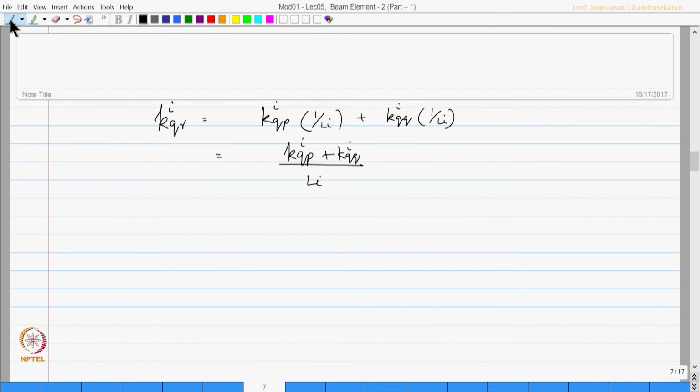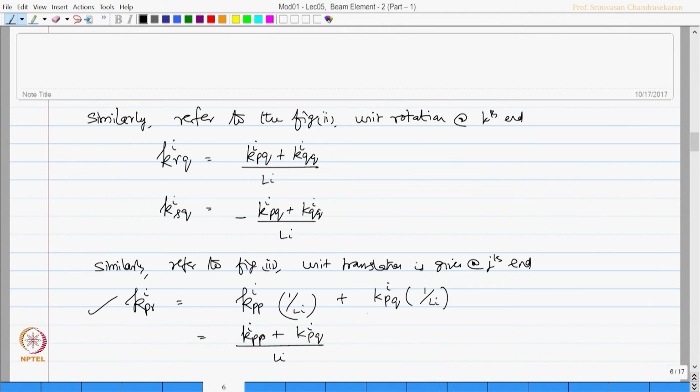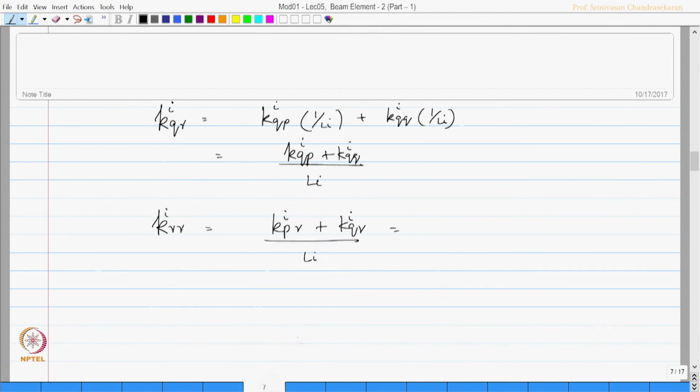Now, I can say Krr is Kpr plus Kqr by Li, which is nothing but, because Kpr is given by this expression, which is Kpp plus Kpq by Li.